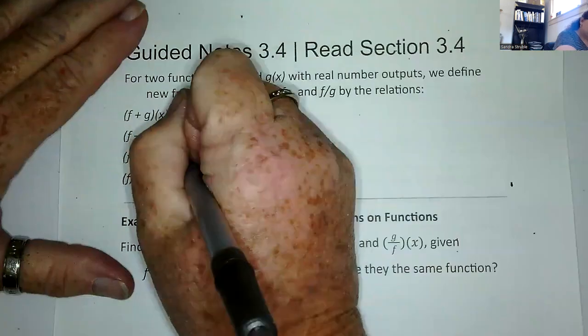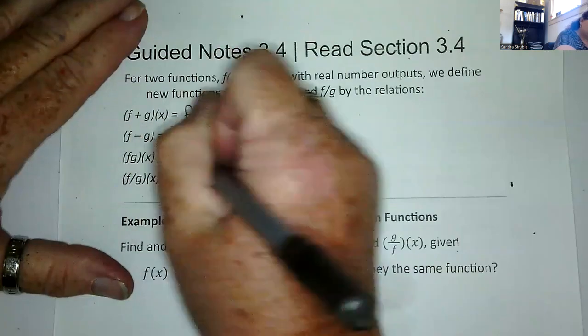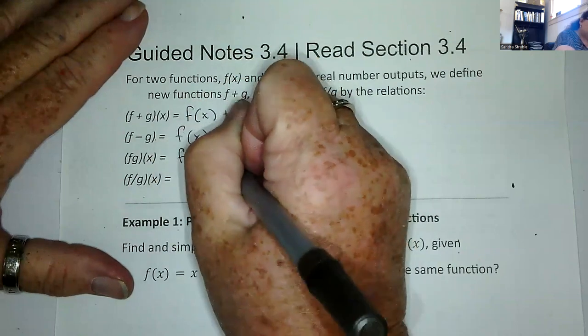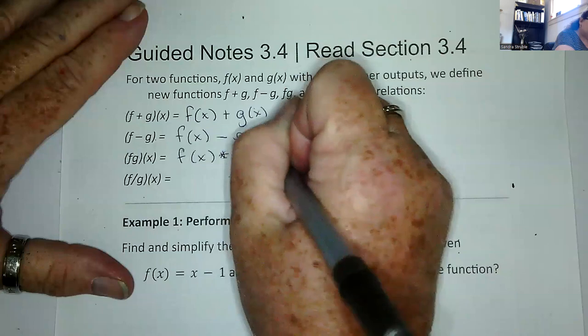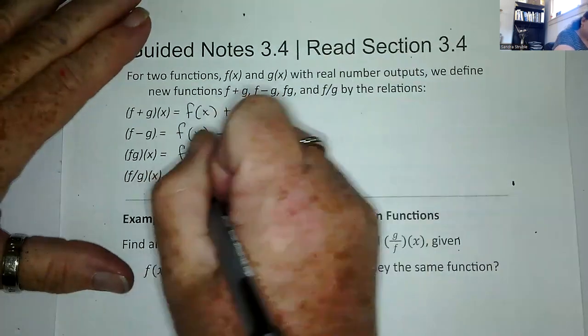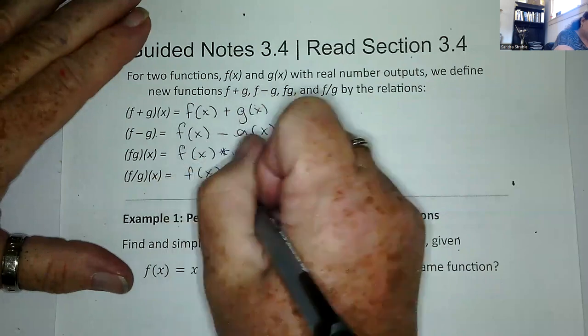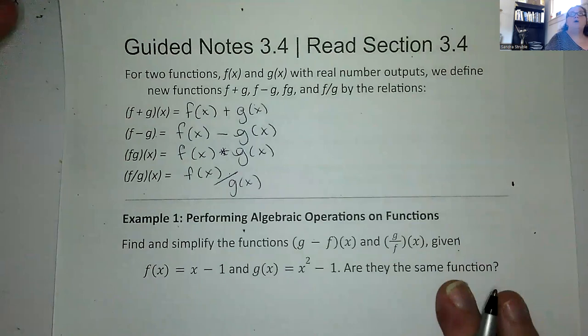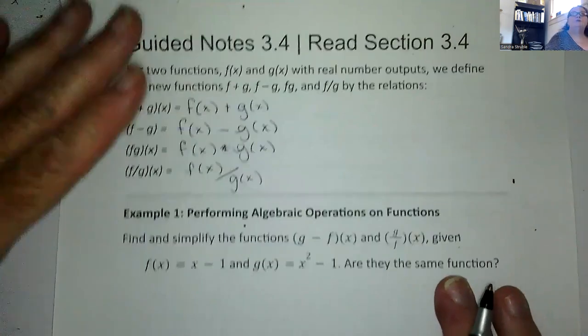Multiplication of the two functions is just the function f of x multiplied times the function g of x. And last is the division, function f of x divided by the function g of x. All right, that just tells us what we can do.